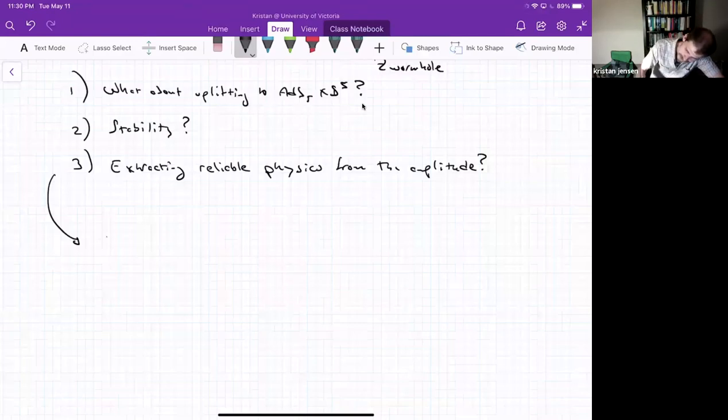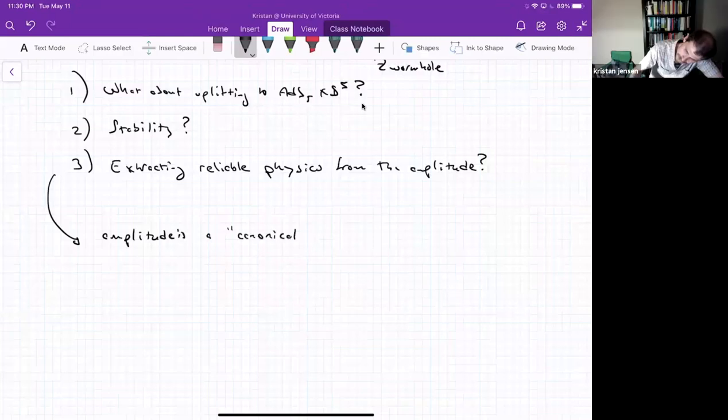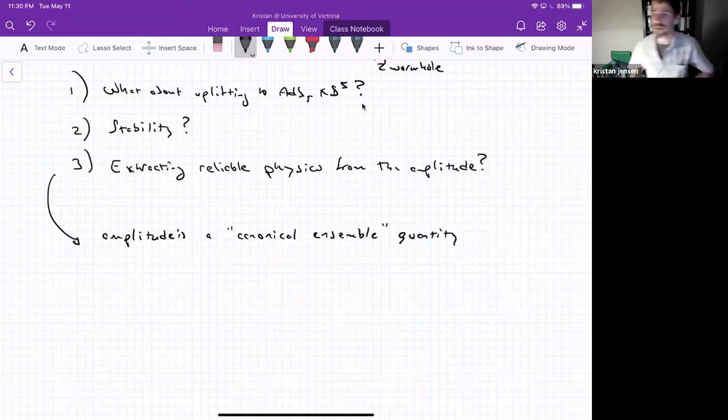Well, this amplitude is naturally, you can think of it as a canonical ensemble quantity, since it depends on betas, not energies. But you can ask, is there a microcanonical version of it, where you fix the energies instead of betas?